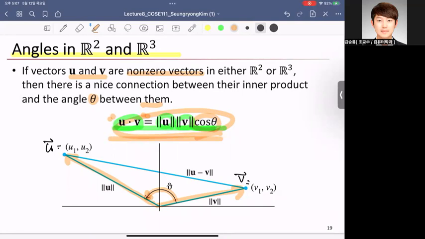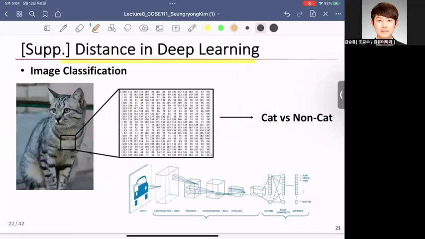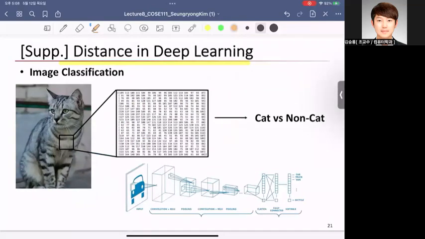Okay. Question? No? So this kind of distance or angle concept is used in many applications in the computer science field. In fact, in the deep learning field, I mean the artificial intelligence part or the computer vision part, this kind of distance concept is very usefully used. For example, this is just like a deep learning model.